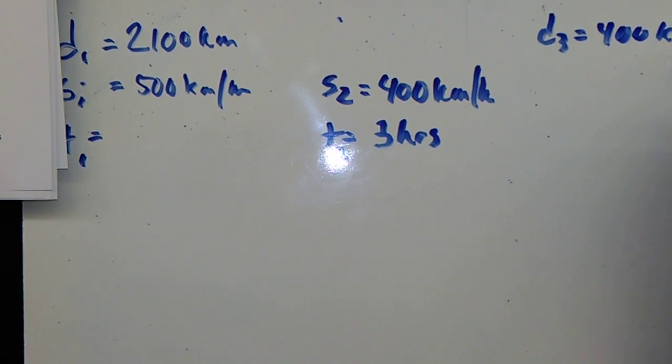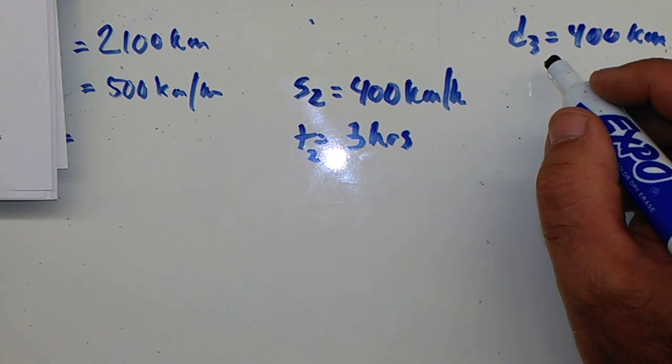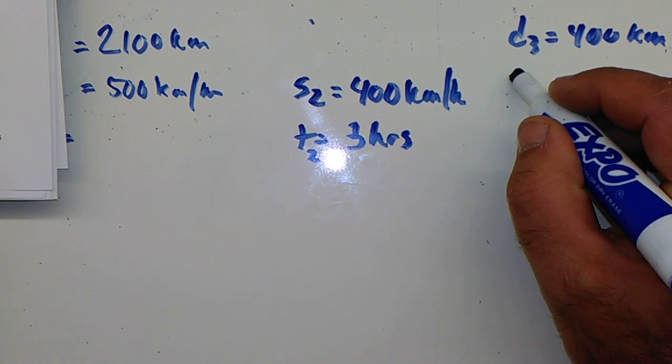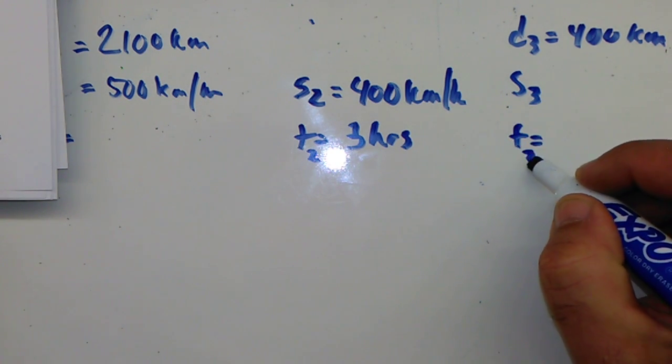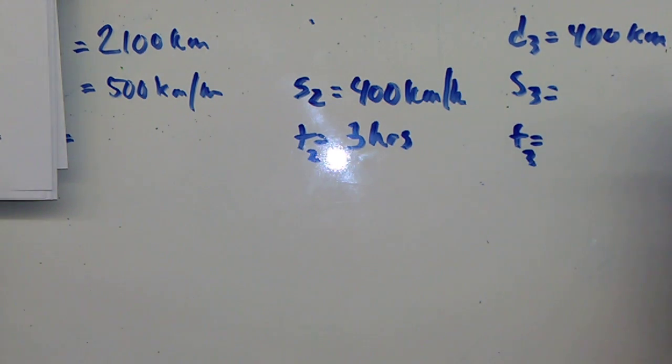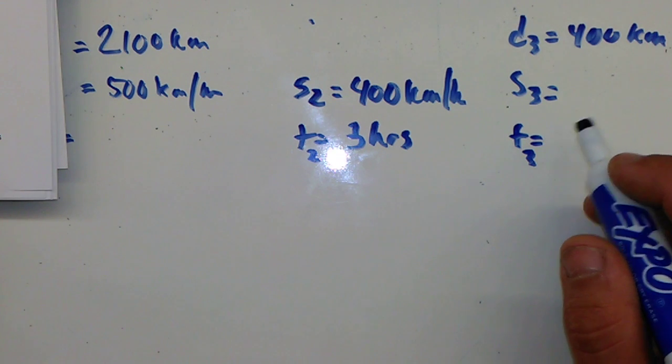Last 400 kilometers is, and then we get a speed here and a time here. It doesn't give you the speed of the third. It doesn't give you the time of the third.